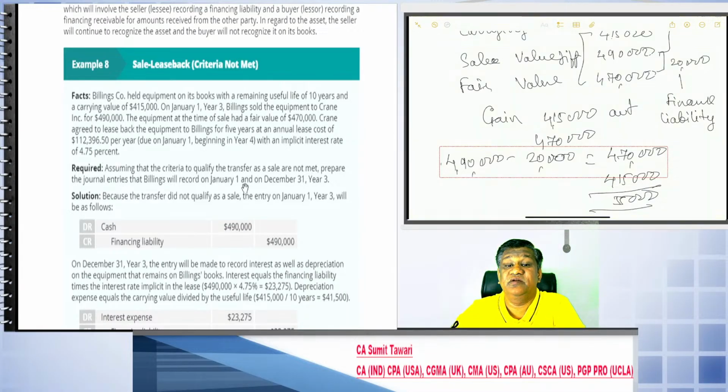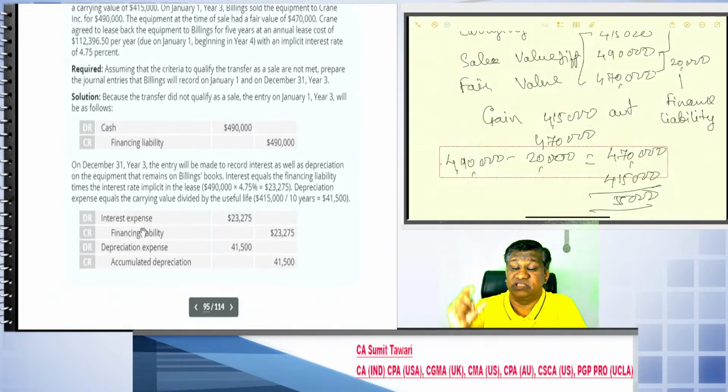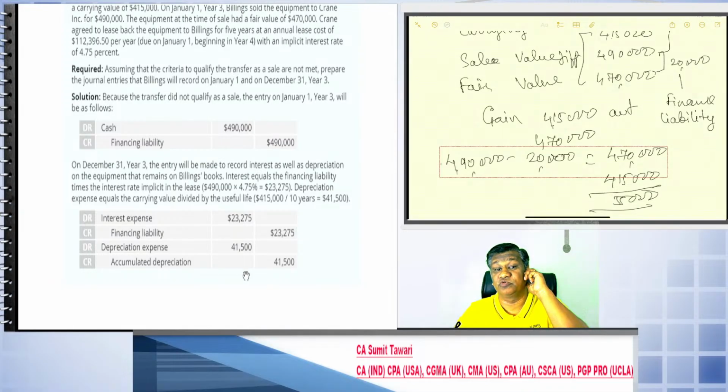Assuming that the criteria to qualify the transaction as a sale are not met, we need to prepare the journal entry. So the entire 490,000 we need to consider as financing. So it is a financing liability. Then interest expense, as per the present value calculation, and the financing liability, and the depreciation expense and accumulated depreciation. So depreciation we are going to consider in the books of the lessee.